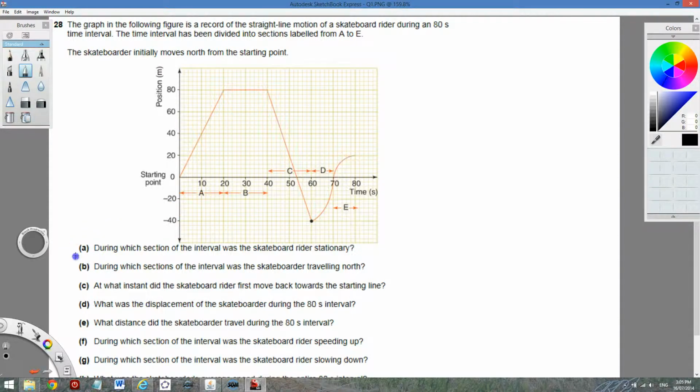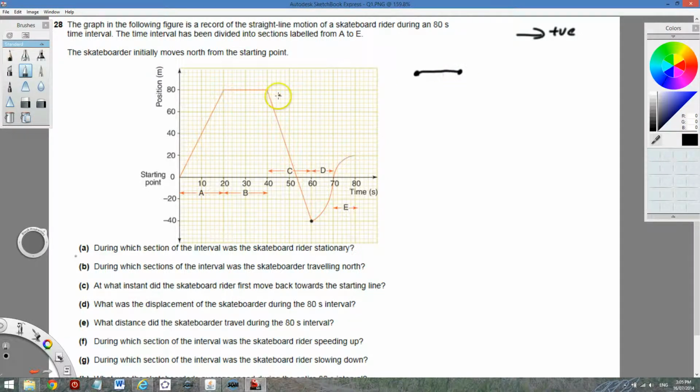Now, if we read this graph briefly, what we can say is that initially it starts from zero and moves in the positive direction. Let's make this positive, so the object moves to the right. Then it stops for a few seconds.